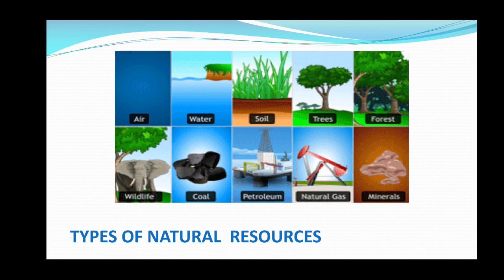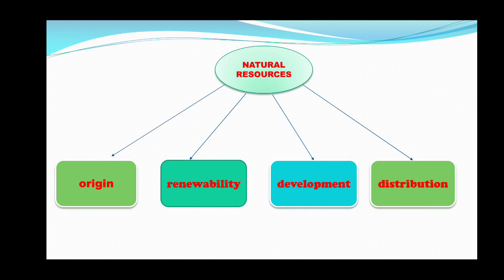Natural resources are classified into different categories on the basis of origin, renewability, development, and distribution. Anything which we get naturally from nature without changing its form in any way is called a natural resource.